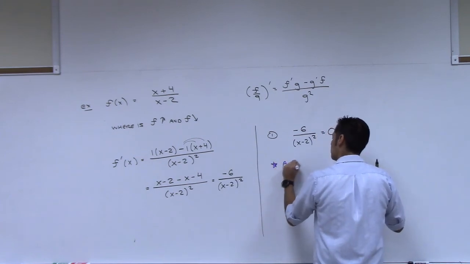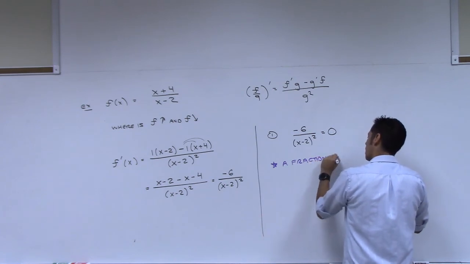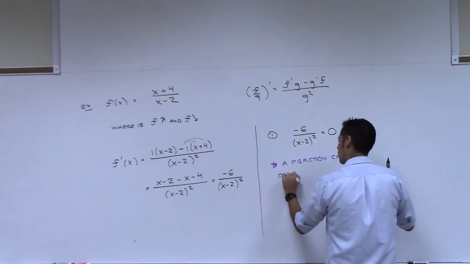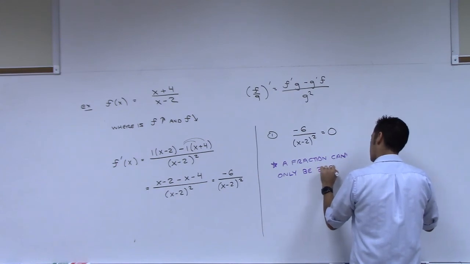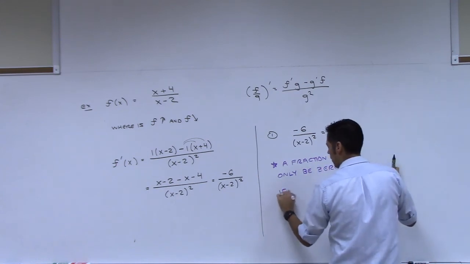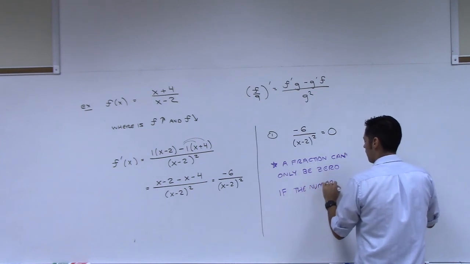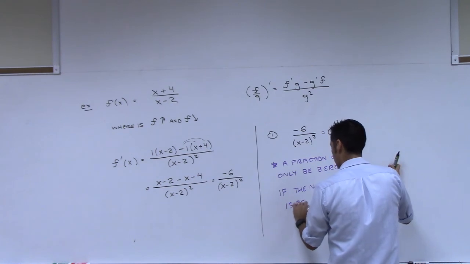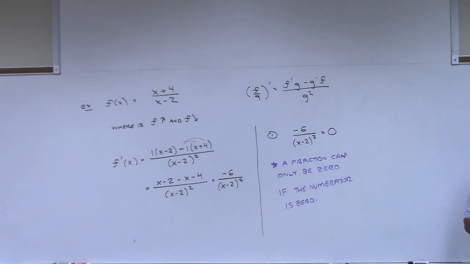A fraction can only be 0 if the numerator is 0. This is a fact about fractions.